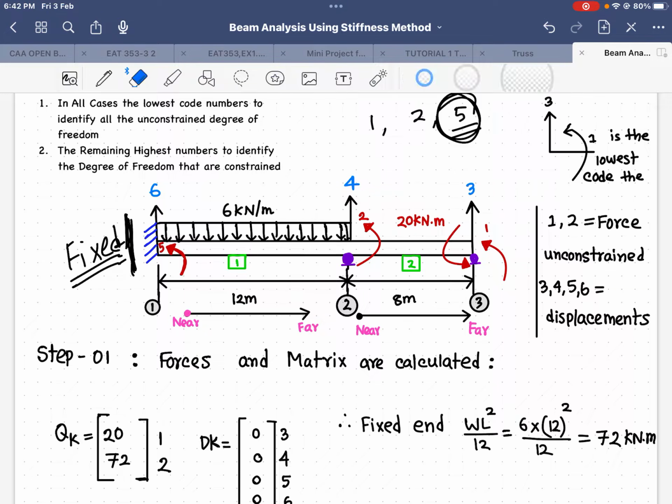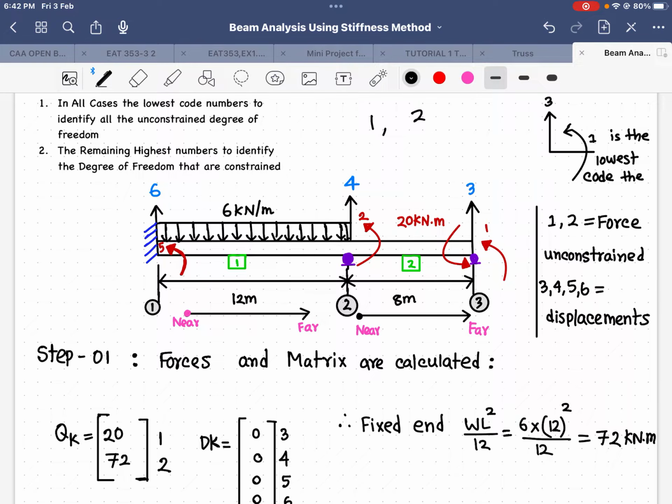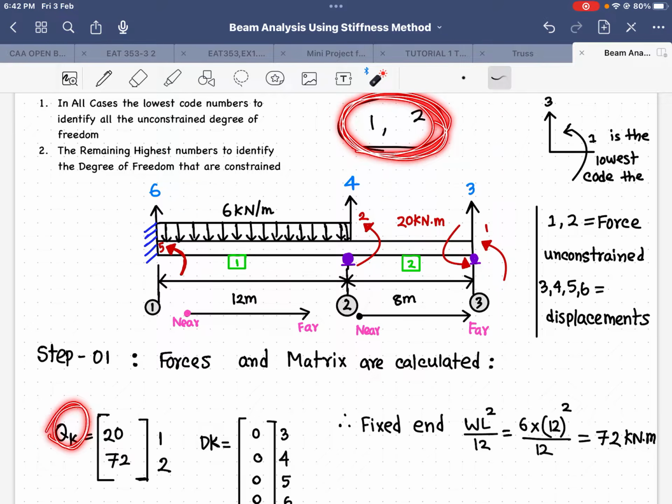I will not take 5 as a known external load, so I have only 1 and 2. Hope you understand how you can get QK, the external load values.